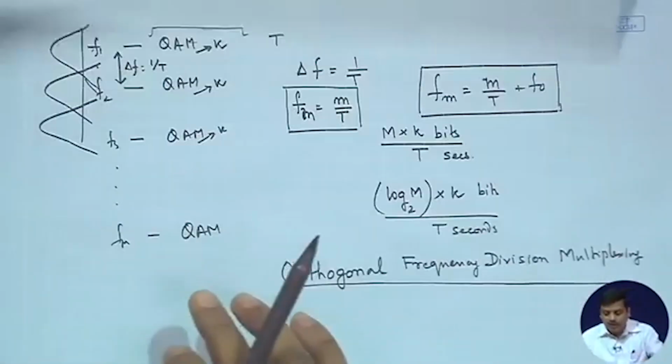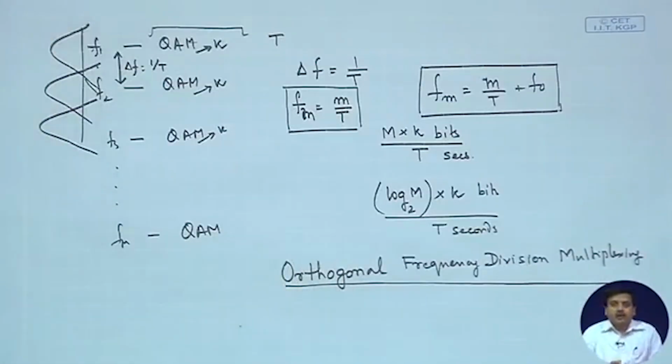So, in one step, in a very simple way, we have covered from multidimensional signaling to orthogonal multidimensional signaling, which we have used to explain M-ary orthogonal FSK, and that we have exploited in discussing one of the important aspects of OFDM.